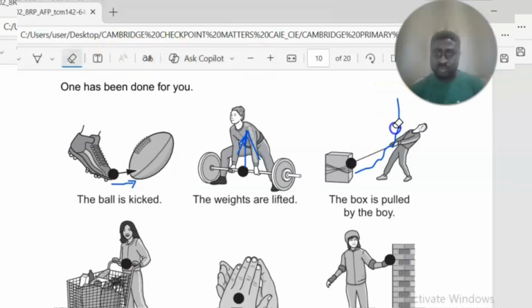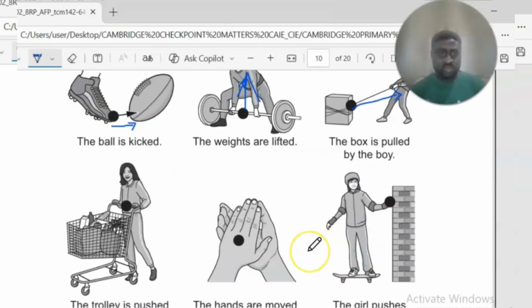Let me erase that. Sorry about that. The line has to be straight. So when you're doing this in the exam, you need to use a ruler to get a neat layout. So it is in this direction. You do the arrowhead. Then when you go down, you have the next one.